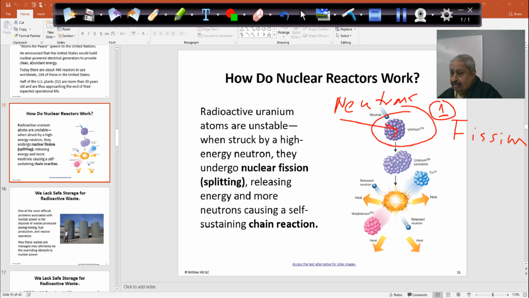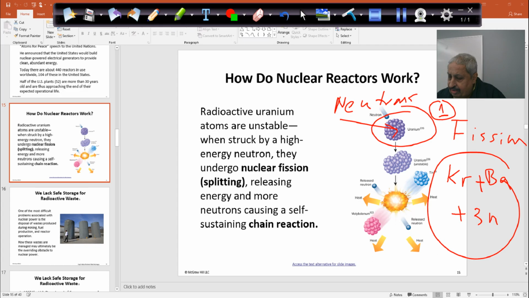Those components will produce krypton and barium, and you produce 3 neutrons. And in the process you produce a tremendous amount of what? Energy. And this energy is utilized for electricity. That's the way we can use it.